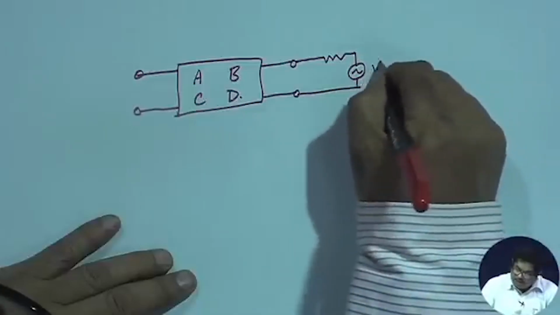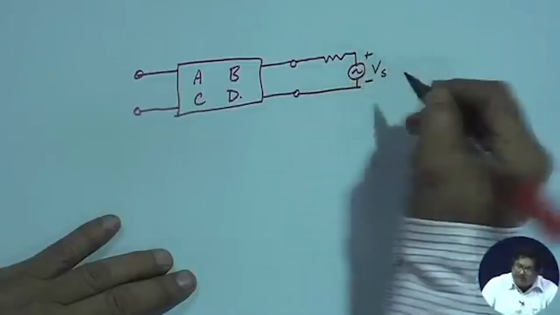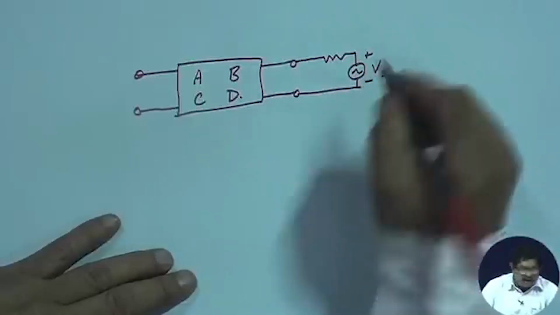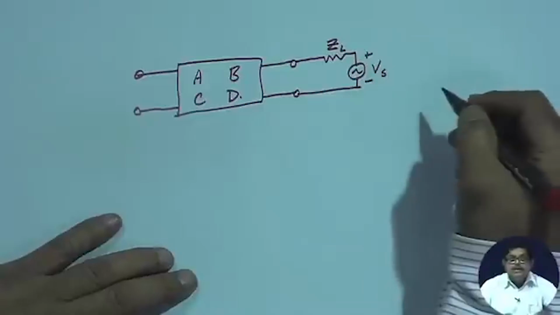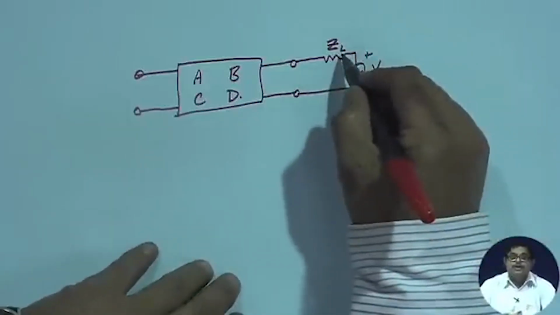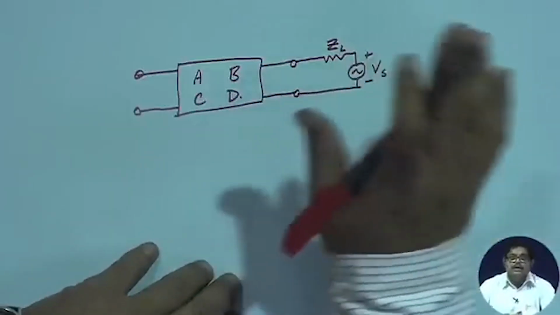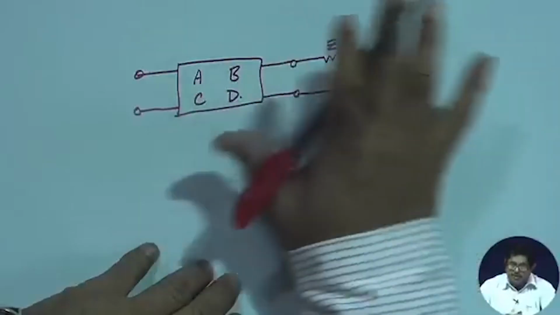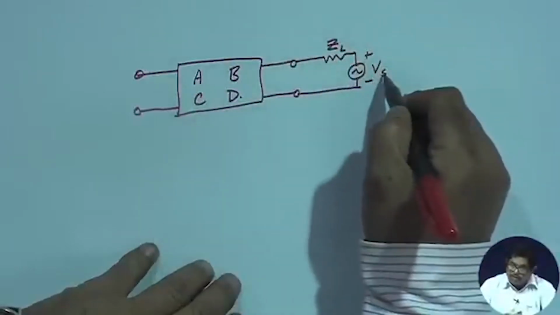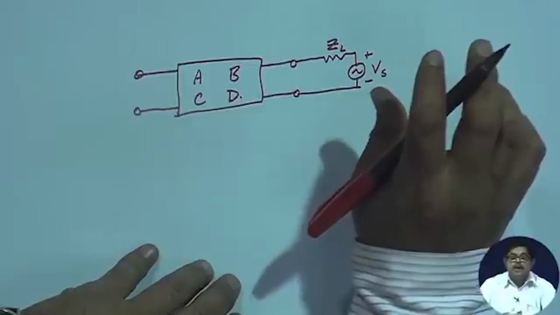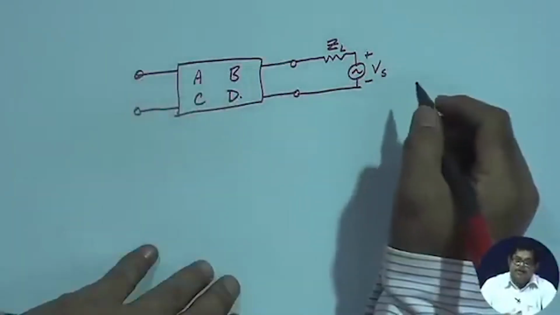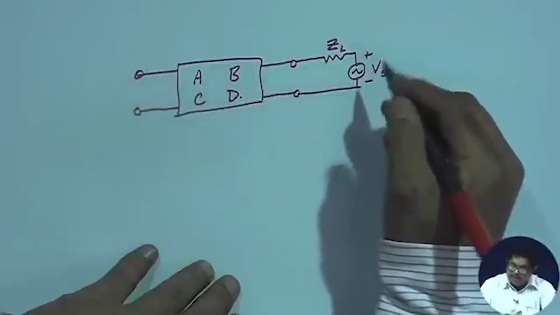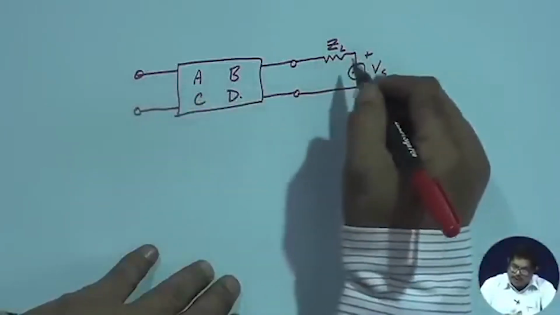So, the same Vs that I gave in the earlier case, I am connecting here, but the internal resistance I will now have to consider as ZL, because I cannot change any impedance of this whole loaded network. Vs is an ideal voltage source, and its internal impedance is taken care of in ZS, which will come on the port 1 side.